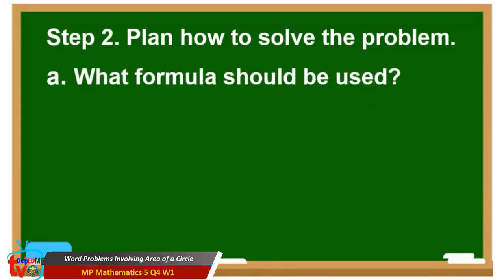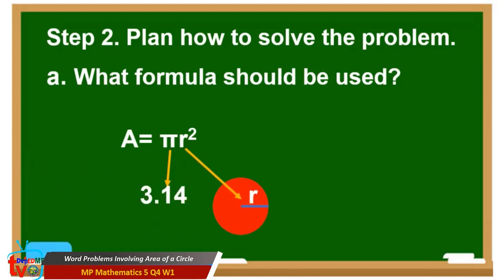What formula should be used? The formula to be used will be area equals pi times square radius, wherein pi is equivalent to 3.14, and r is the radius of a circle.